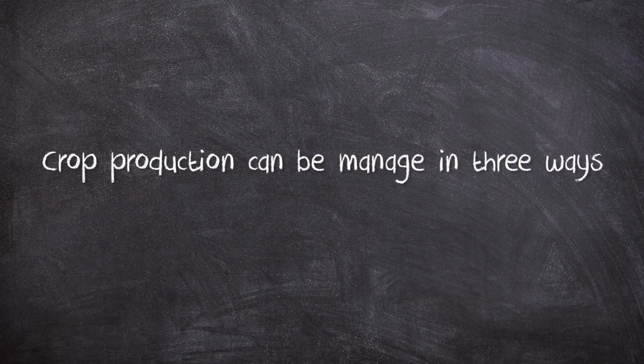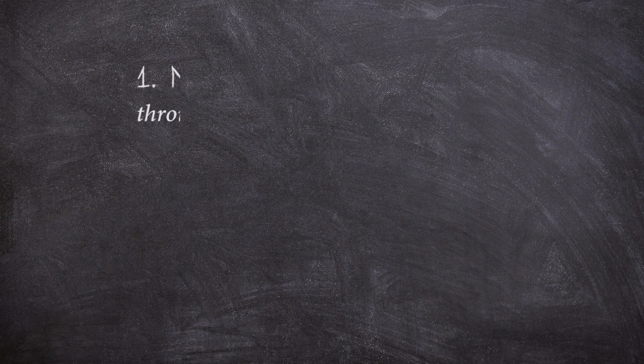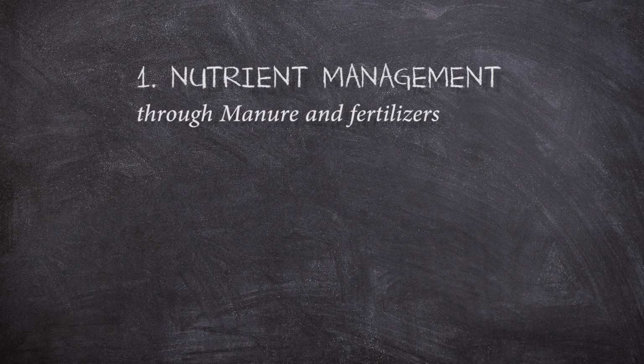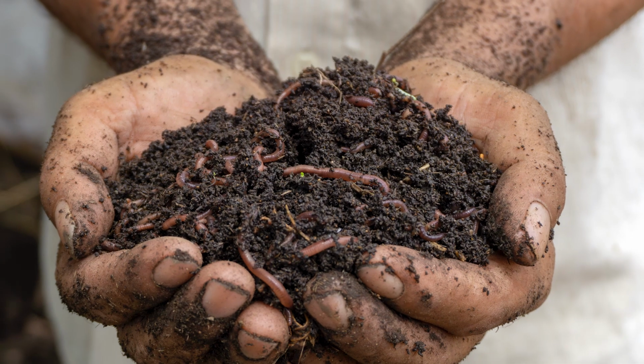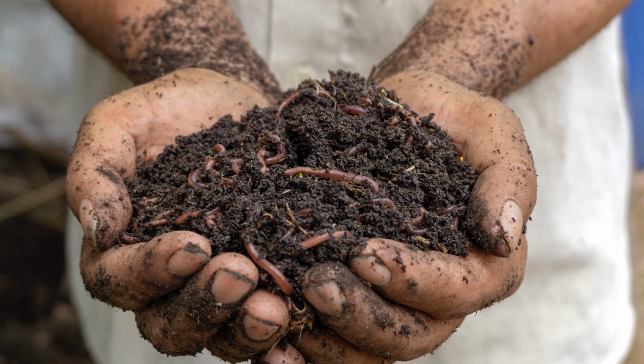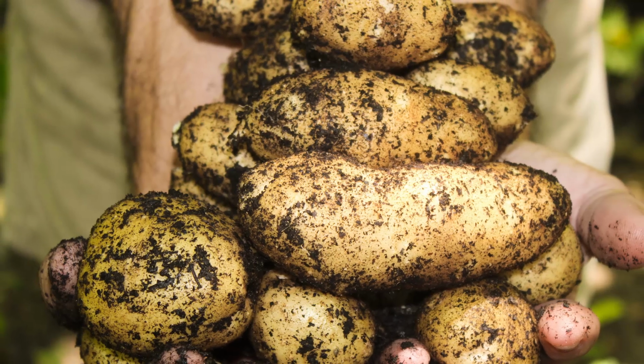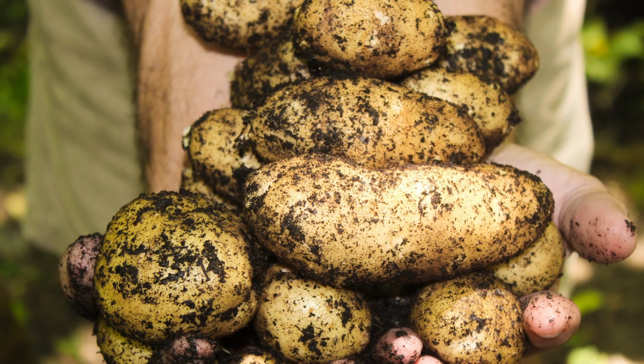Crop production can be managed in three ways. Number 1, nutrient management through manure and fertilizers. Number 2, irrigation. And number 3, cropping patterns. Manure contains large quantities of organic matter and also supplies small quantities of nutrients to the soil.